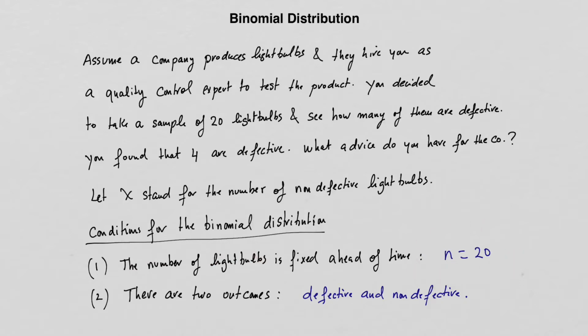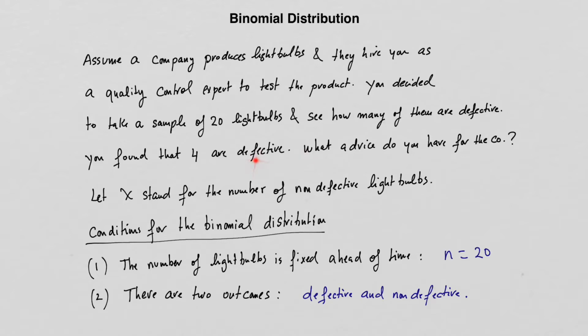Okay? The second condition. Do you have 2 outcomes, 2 outputs? You can't have more than 2 outputs. It's a binary. These light bulbs are either defective or non-defective. There is no happy medium. There is no, oh, I'm defective today, and depending on the mood, now I am not defective. No, you're either defective or non-defective.